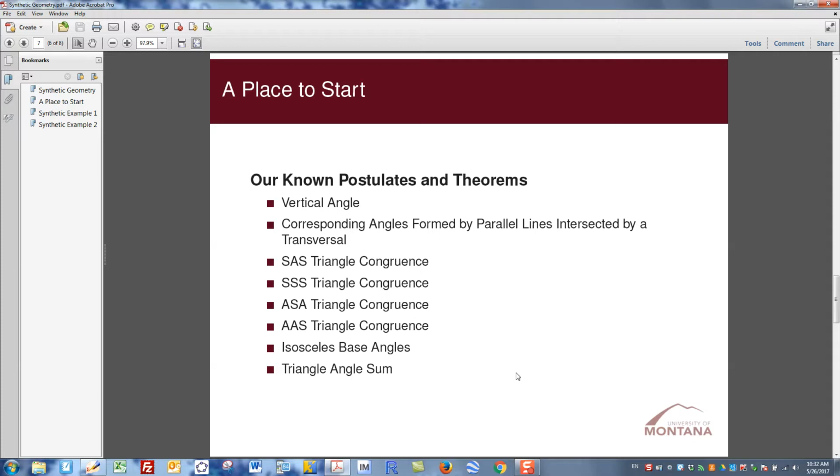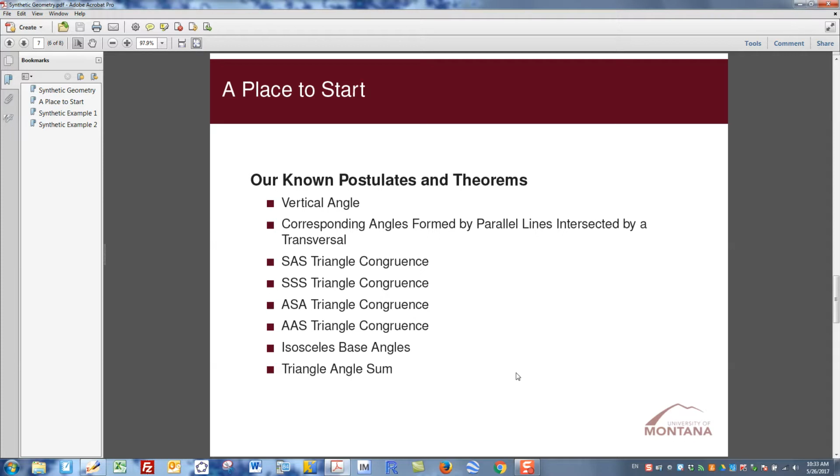So hopefully you're familiar with these known postulates and theorems. It's a pretty small list. It would be the list most commonly addressed in middle school, and obviously developed in high school as the results of geometry grow and are further developed.